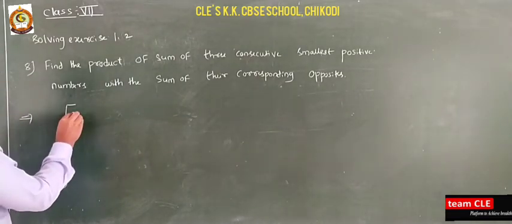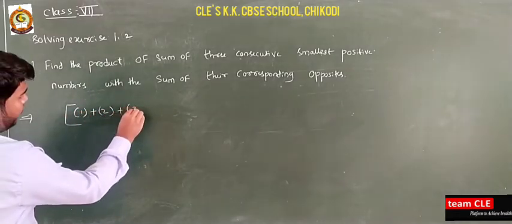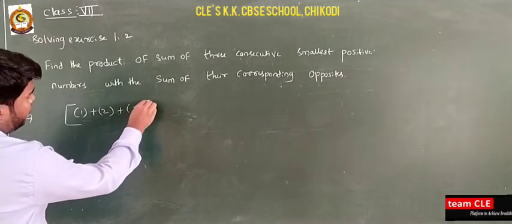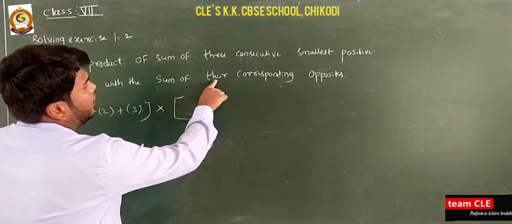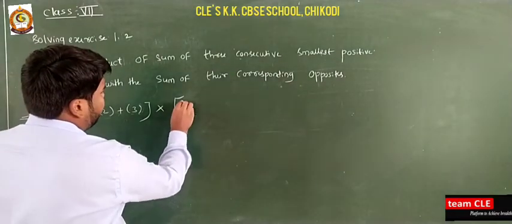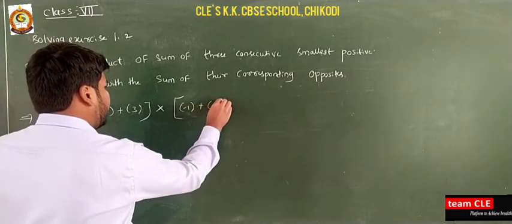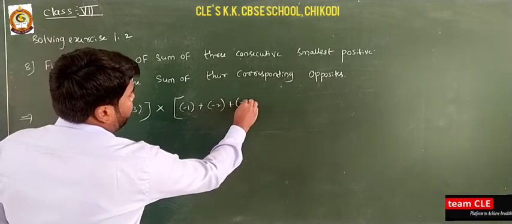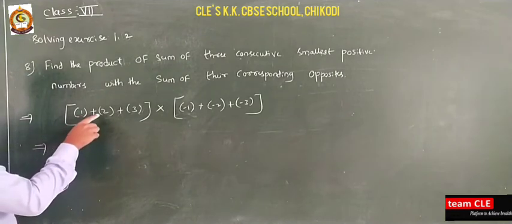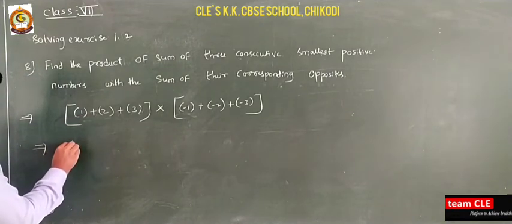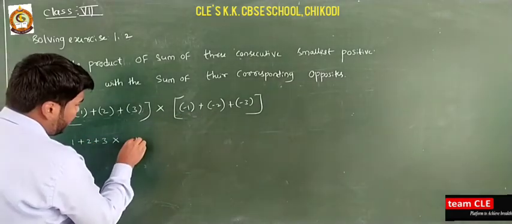The sum of 3 consecutive integers, I write (1 plus 2 plus 3), into the corresponding opposites, I write (-1 plus -2 plus -3). Now this is the equation. Just remove the brackets.